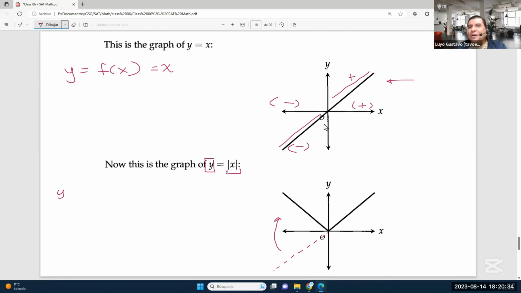Okay, now imagine that we had any other function. Imagine that you have y that is f of x, like this. Imagine you have a curve like this, perhaps.